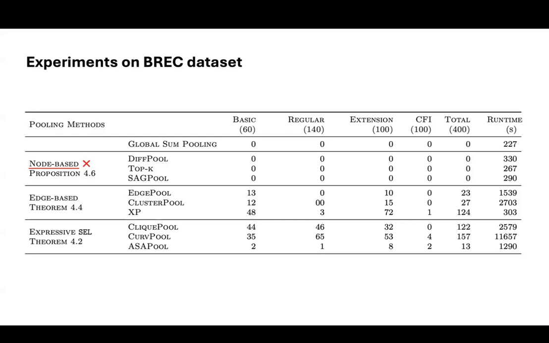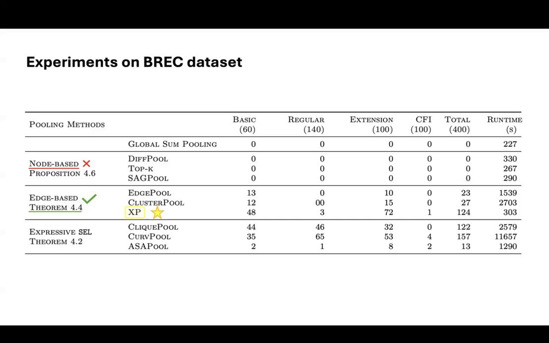Edge-based pooling operators are the pooling operators that respect the hypothesis of our theorem 4.4. In particular, we also proposed a new pooling operator which is called XPool, and this pooling operator is constructed using the constructive proof of theorem 4.4. For each edge, we calculate an edge score using an MLP, and then the two nodes that are adjacent to the edge with the highest score are combined into a single supernode, while all the other nodes form their own supernode.